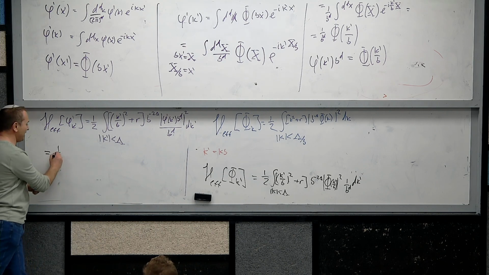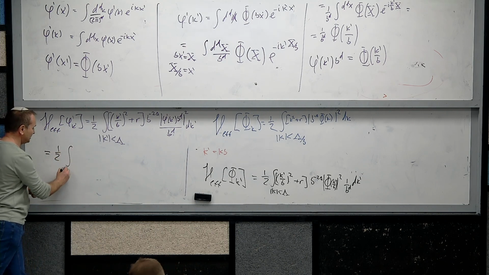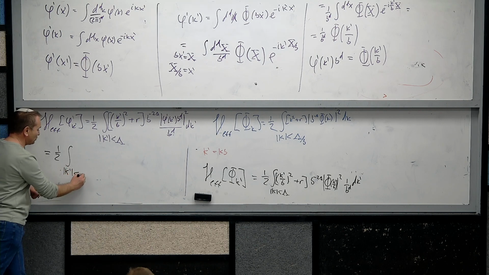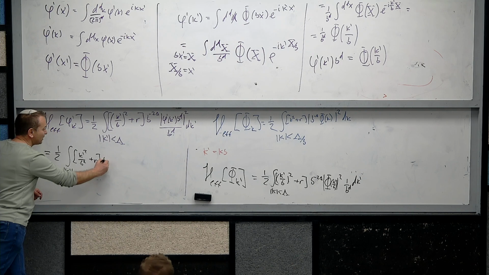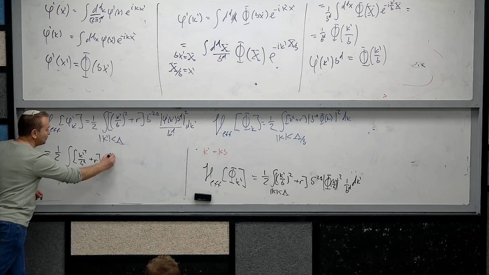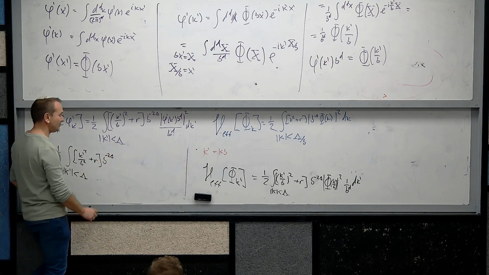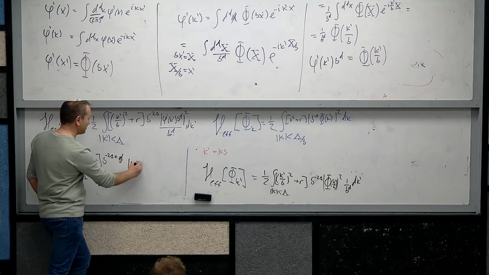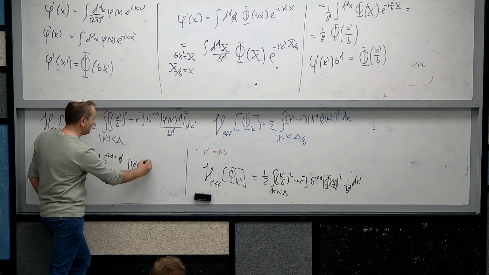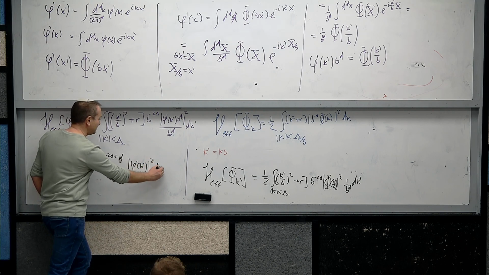So we have 1/2 an integration, k prime smaller than lambda. What happens over here? We have k prime divided by b, k prime squared, b squared plus r. Here we have b to the power minus 2 delta plus d, phi prime k prime squared dk prime.